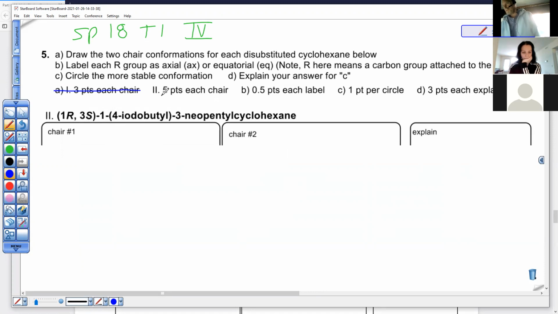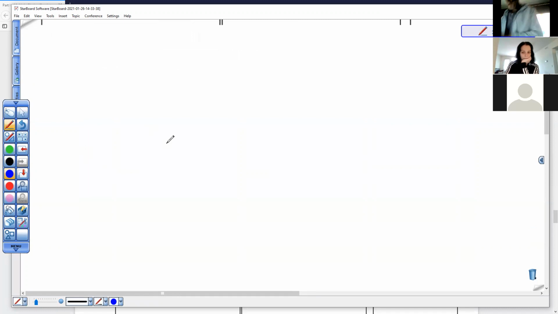You're going to get 5 points for each of your chairs in the second one. Before you start, don't start drawing chairs now. Start here. This is not even worth points, but if you don't do this, there's a chance you're going to lose a lot of points.